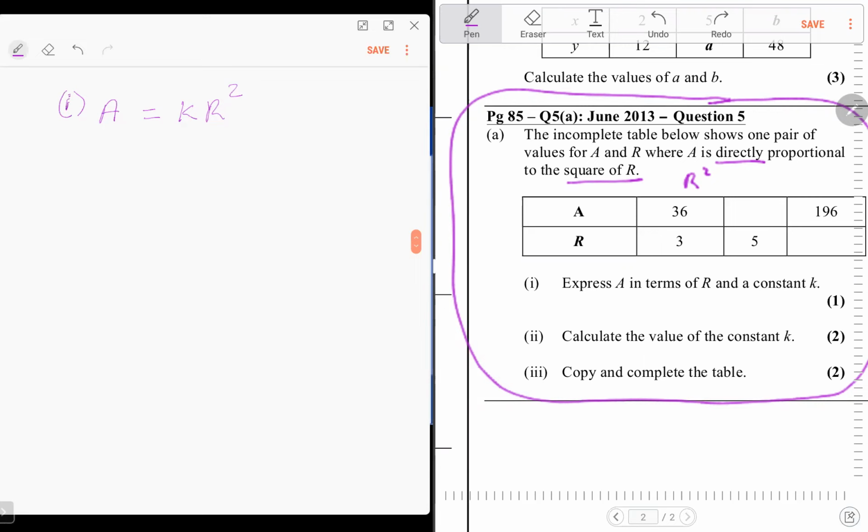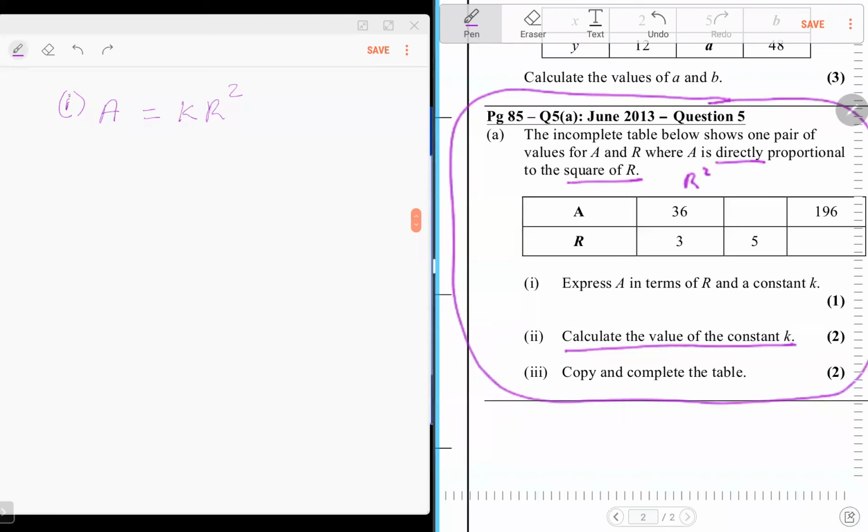If it said inversely, it would be A equals K over R squared. But because the question said directly, it is this one. Directly is when you multiply by the K. Simple as that.